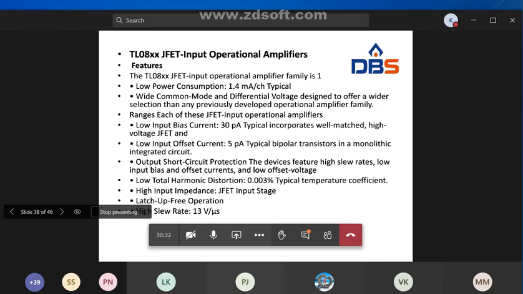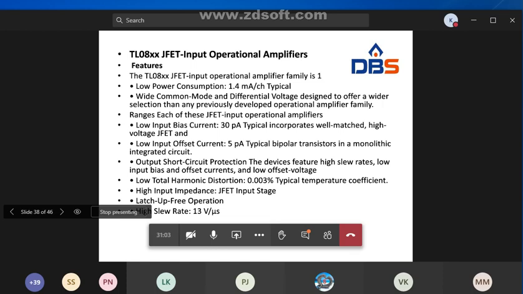So these are some features of TL081 JFET op-amp: high slew rate, high input impedance, low total harmonic distortion, low input offset current, low input bias current. We will see what is bias current and what is offset current. And the power consumption is also low.